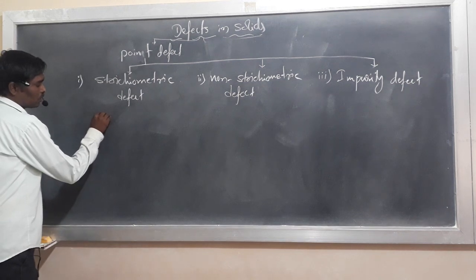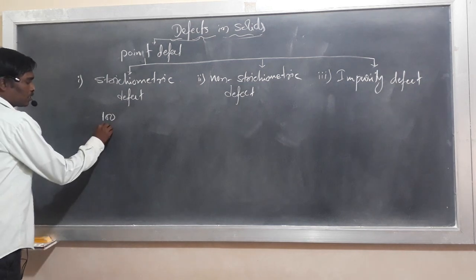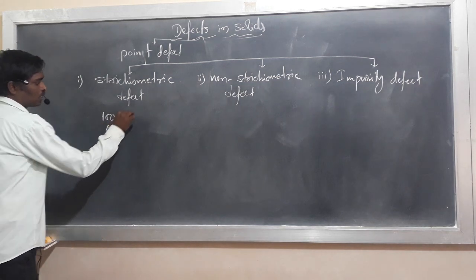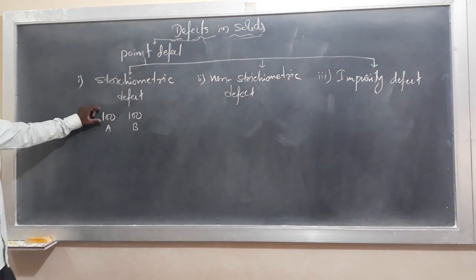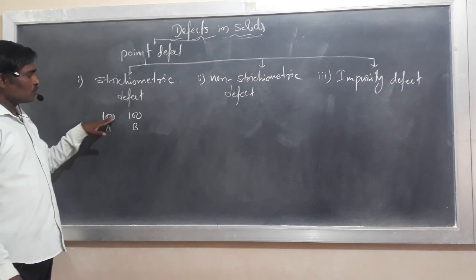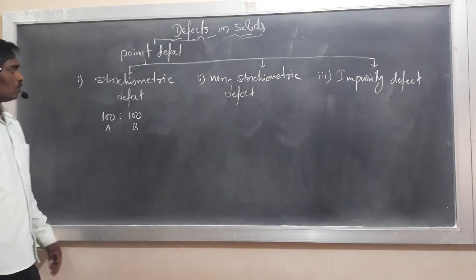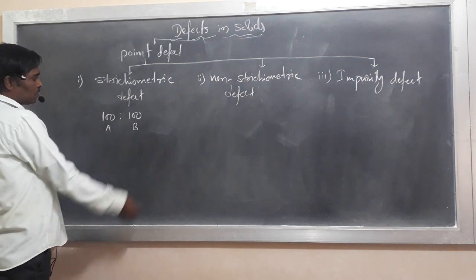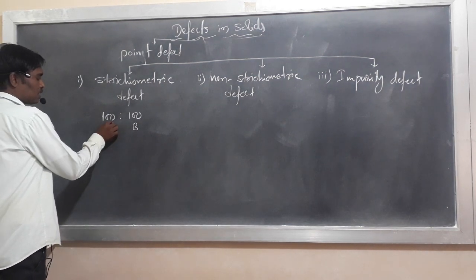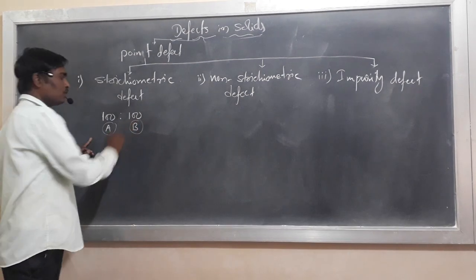For example, initially, let me say there are 100 particles of A and 100 particles of B. There is one solid crystal made up of AB elements, where 100 particles of A and 100 particles of B are in the ratio of 1:1. This is a compound. After the defect, if some particles are missing from element A and some particles are missing from element B.